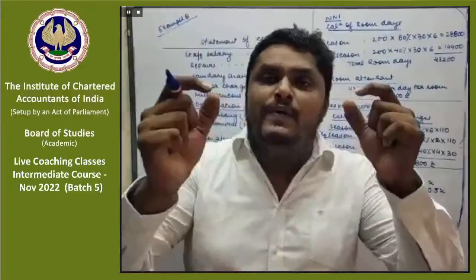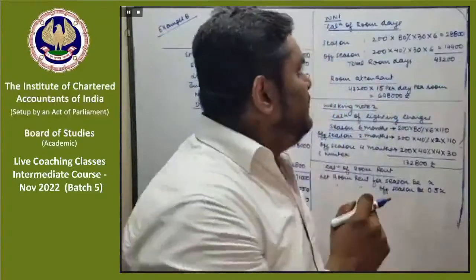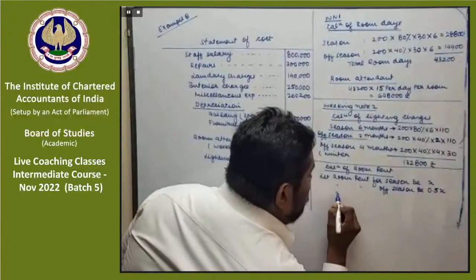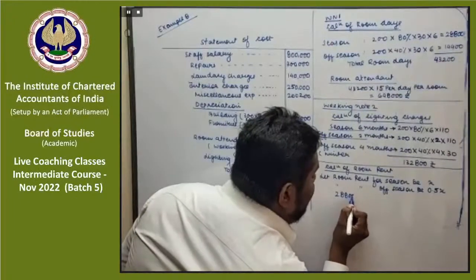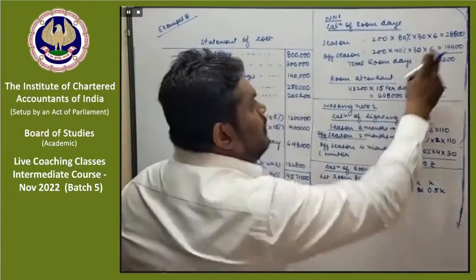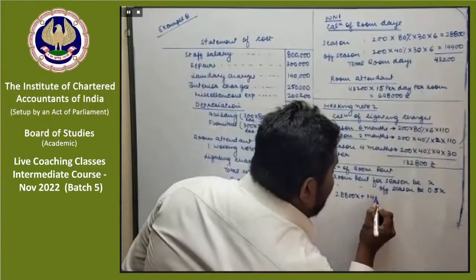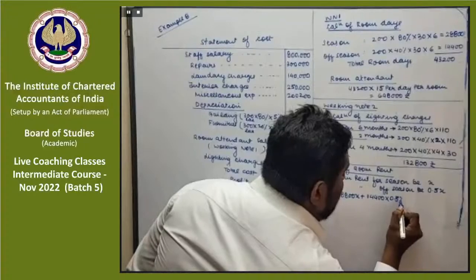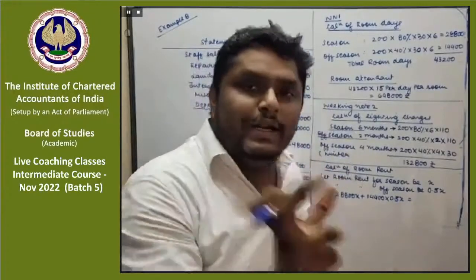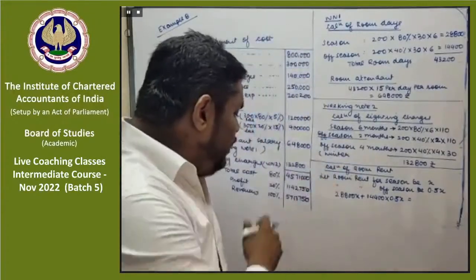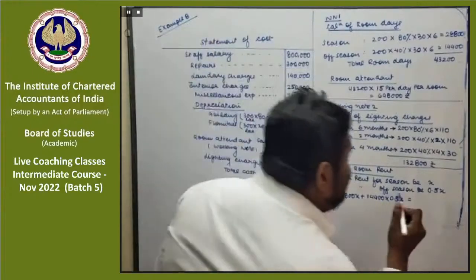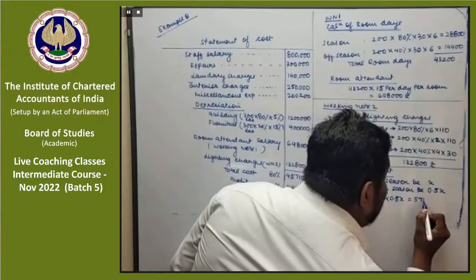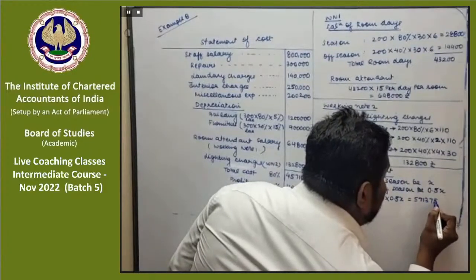So how much will be the room rent for the season period? 28,800 into X plus 14,400 into 0.5X. This should be the total room rent, and in value it will be 57,13,750.